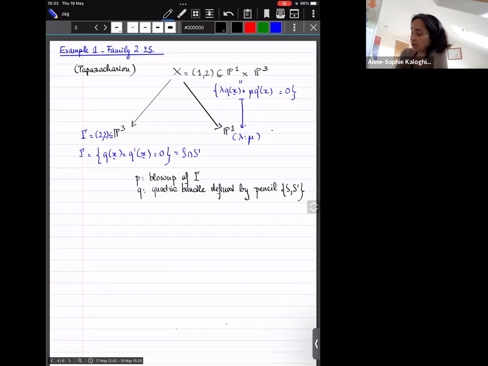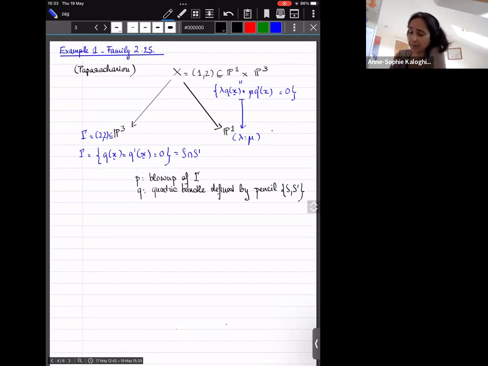So now, if we look at the picture a little bit, calling the two quadrics S and S prime, I say that S has an equation Q of X and S prime has an equation Q prime of X. I call gamma the intersection of S and S prime.